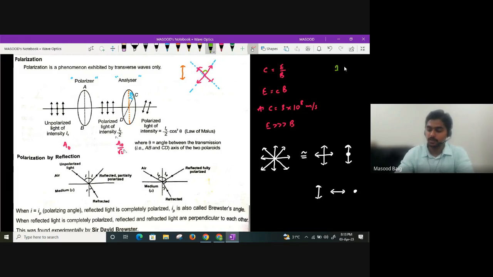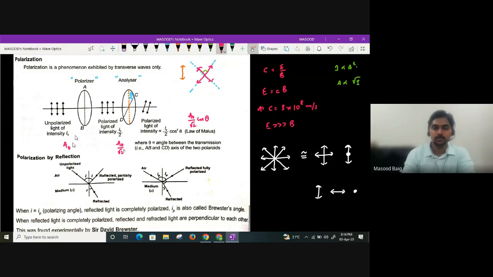Intensity is proportional to amplitude square, so the amplitude will be proportional to root over I. So here root I naught will be A naught, and root I naught by root 2 you will get. So A naught by root 2 will I get or not, guys? What will be the amplitude finally for this light? It will be A naught by root 2 cos theta. This is also very, very important again. I hope it is clear, all of you.